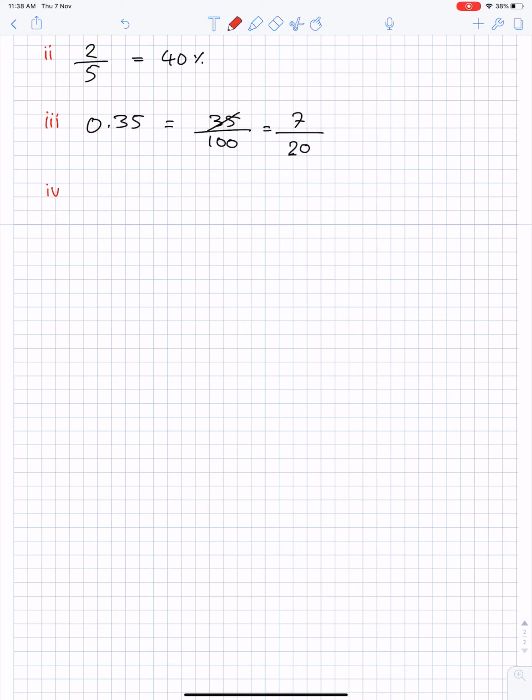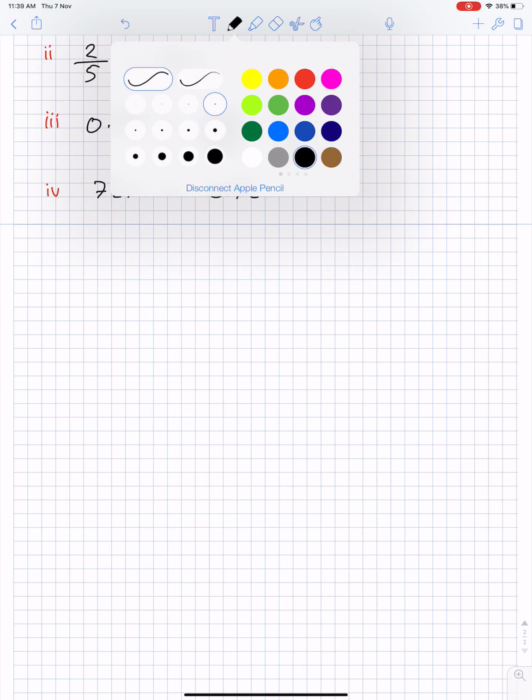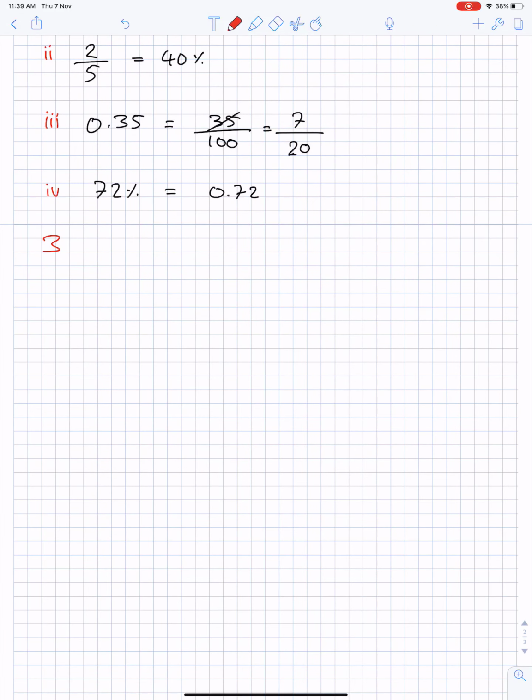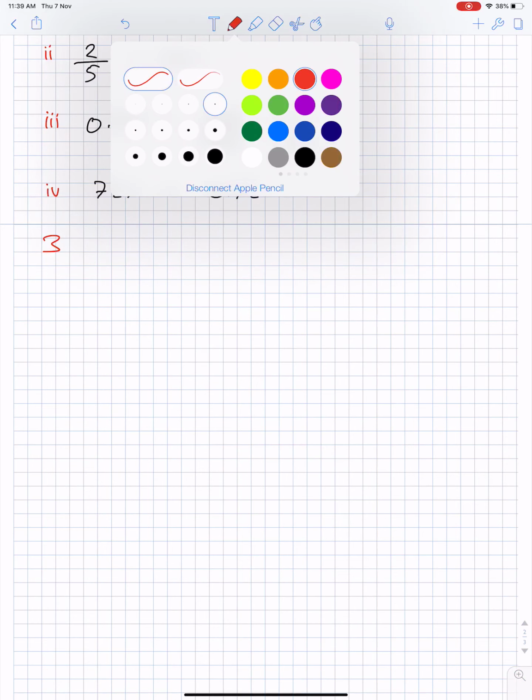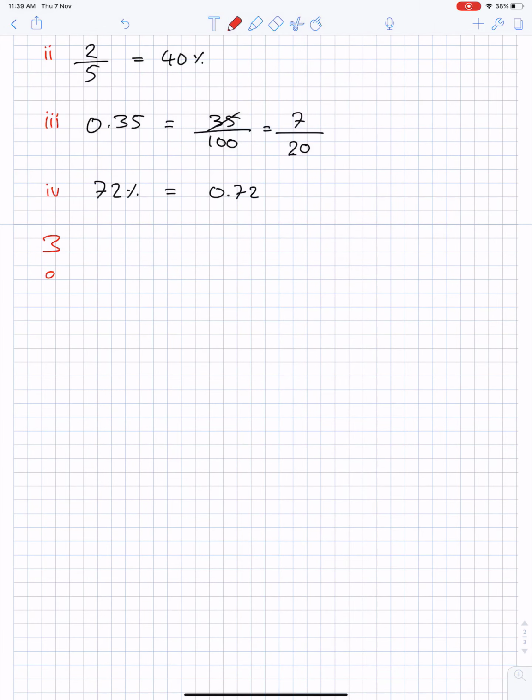And 4. You've got to write 72% as a decimal. So 72% as a decimal would be 0.72. Simple. Question 3, 3A.